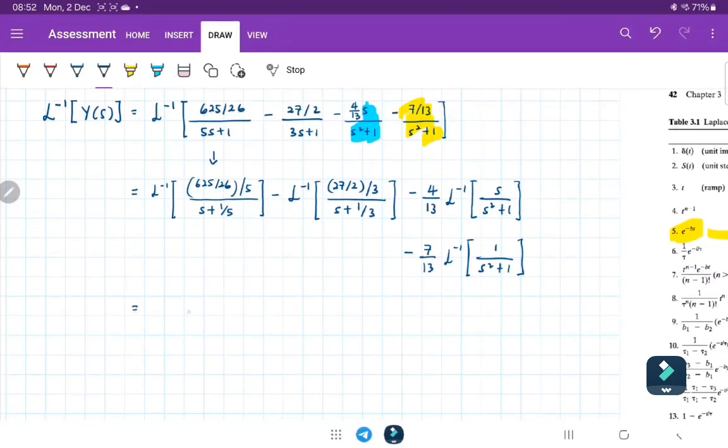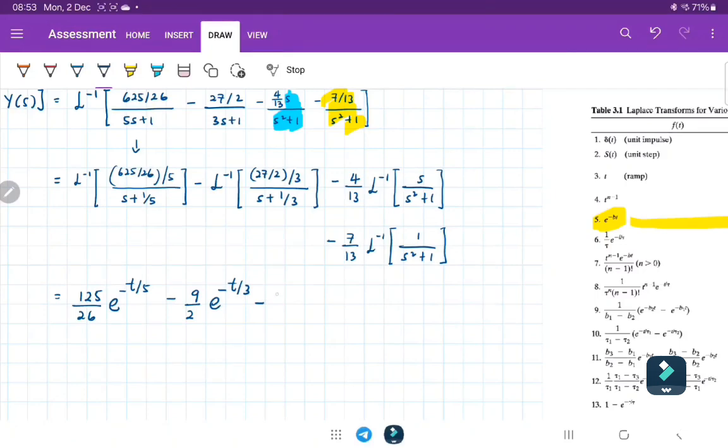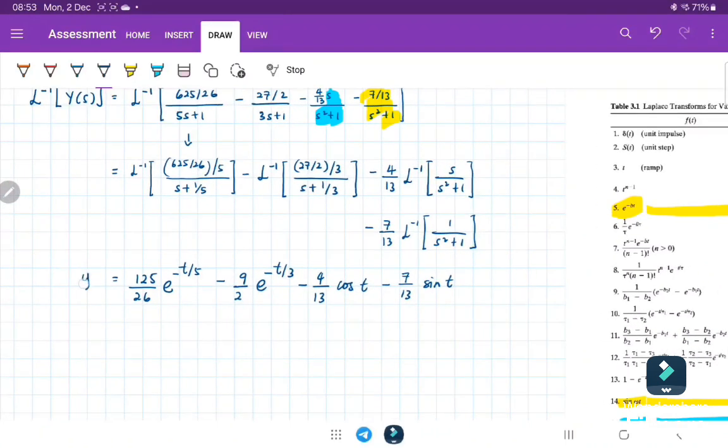You will have 125 over 26 e to the power of minus t over 5, minus 9 over 2 e to the power of minus t over 3, minus 4 over 13 cosine t, minus 7 over 13 sine t. So this is our y of t.